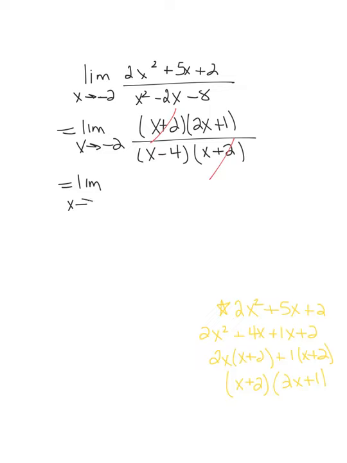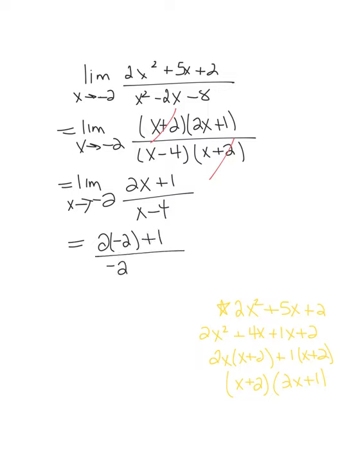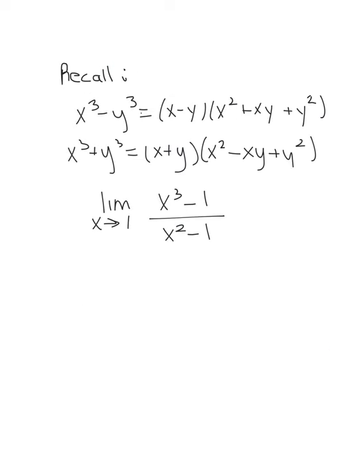Now when I rewrite this, I'm only left with 2x plus 1 over x minus 4, and when I plug in that -2, 2 times -2 plus 1 over -2 minus 4, which is -3 over -6, which is a positive 1/2.